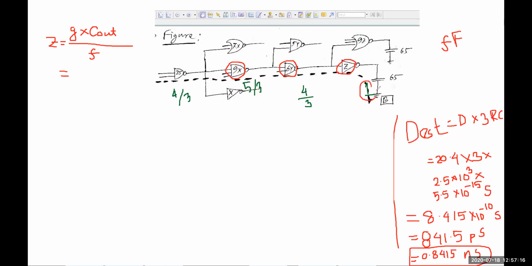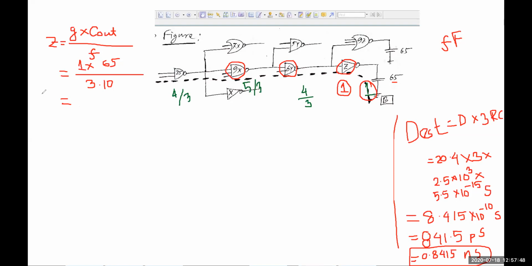Remember we have written earlier, G was 1. What is C out of this one? 65. What is the value of f? 3.10. So let's find out: 1 into 65 divided by 3.10.